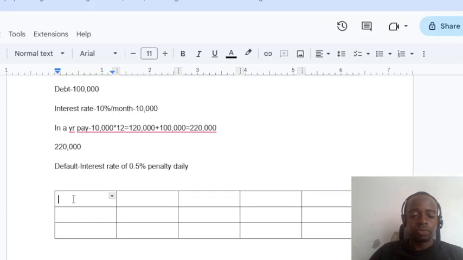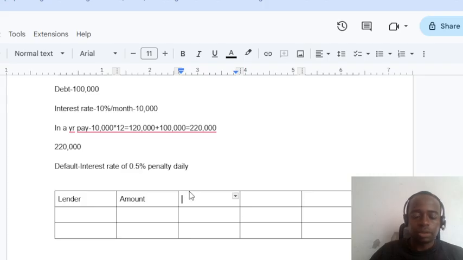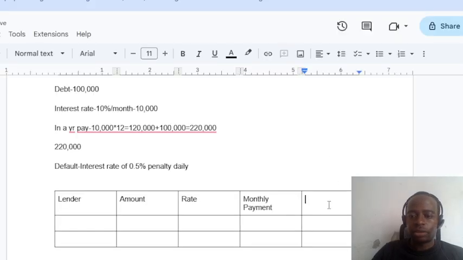So right here, the lender, the amount, the rate, the monthly payment, and then we have the due date.